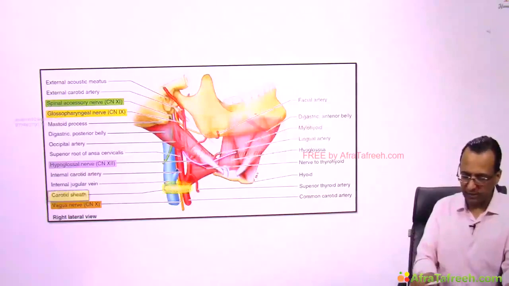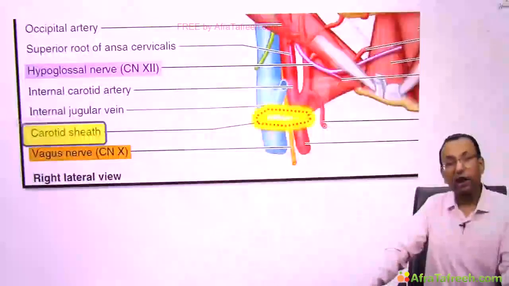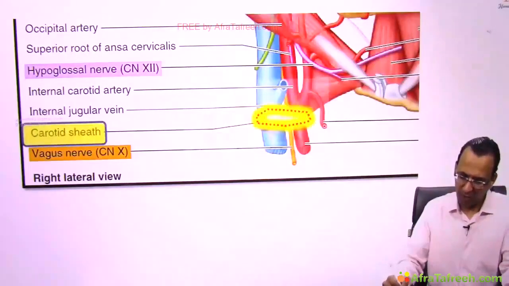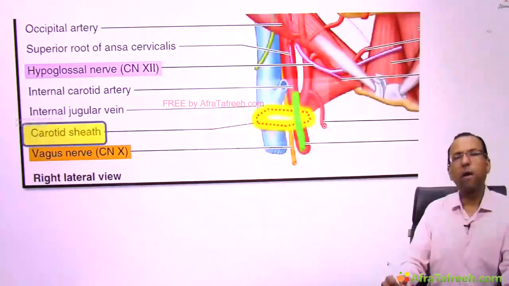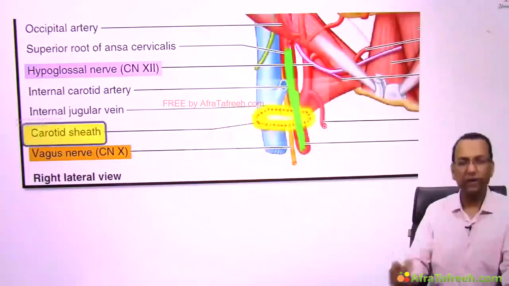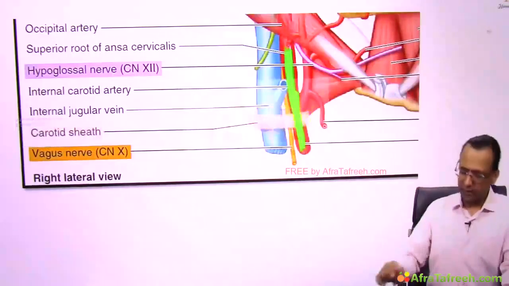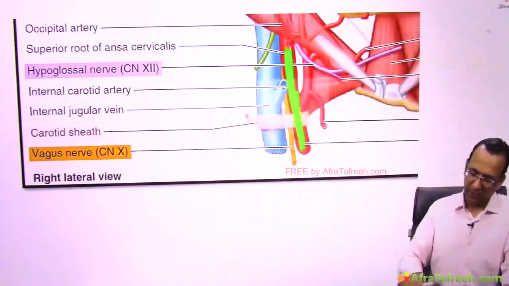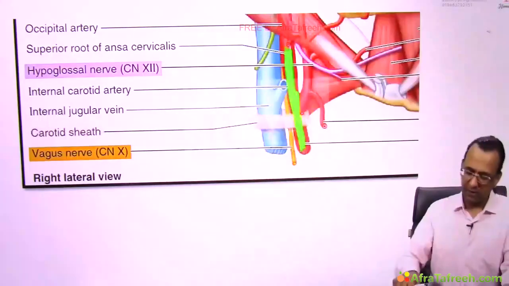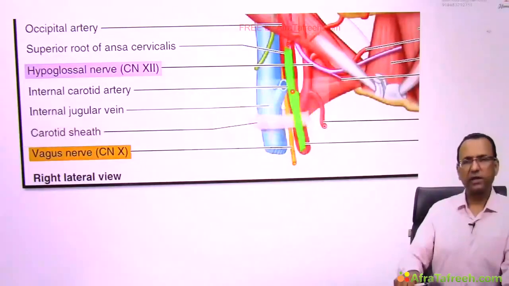This is the carotid sheath in the carotid triangle, enclosing the common carotid artery and also the internal carotid artery, because the external carotid artery comes out.